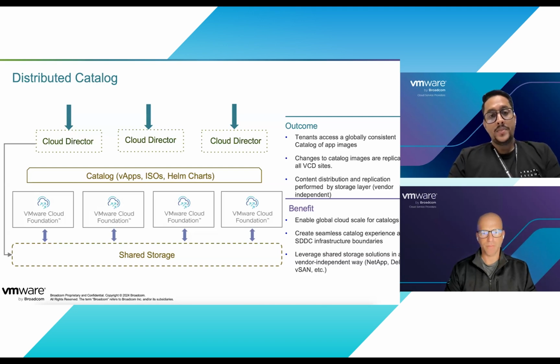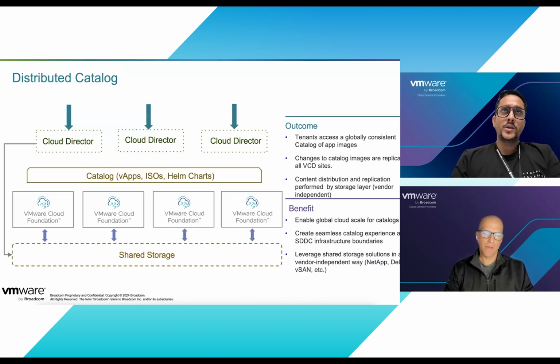And one thing to understand is how each Cloud Director cell will see the catalog: it is basically through a replication, or rather the storage will take care of the metadata of the objects we store in that to be published to the Cloud Director cell respectively.